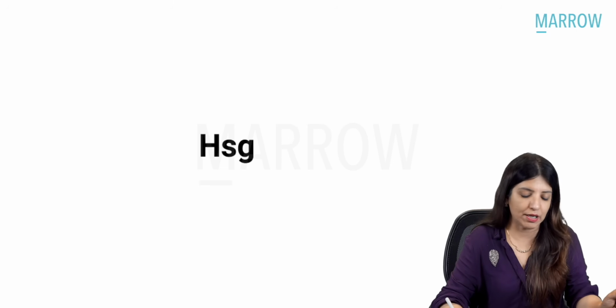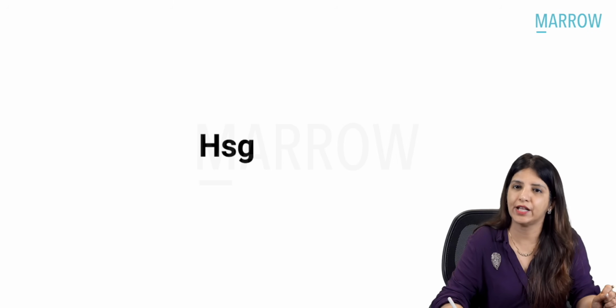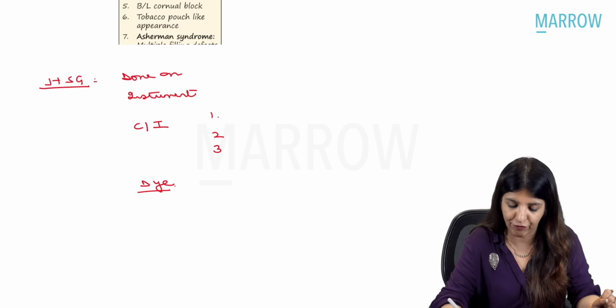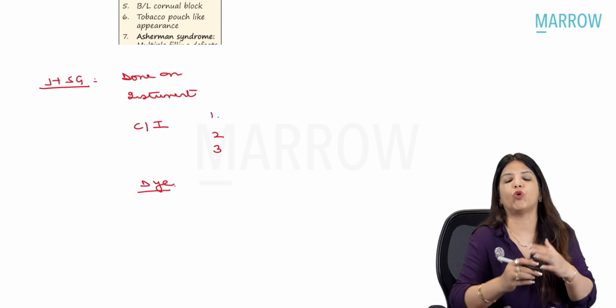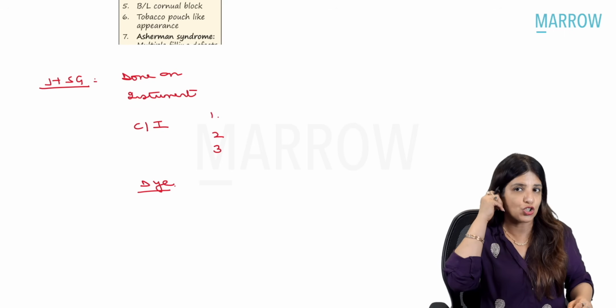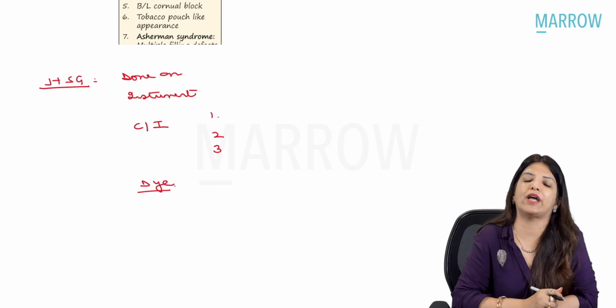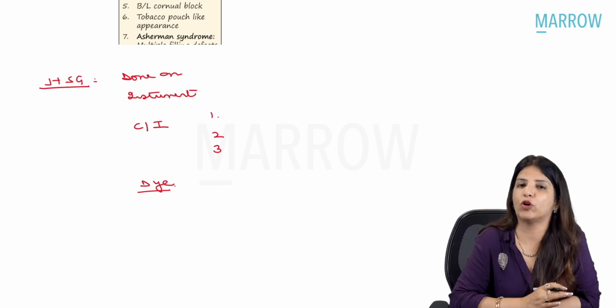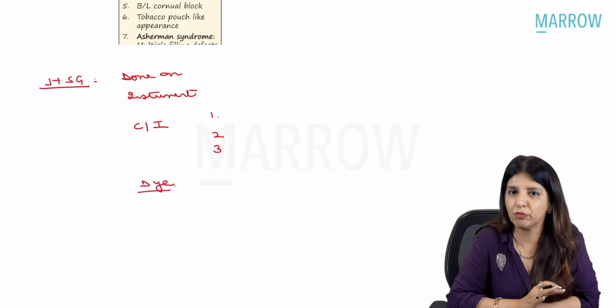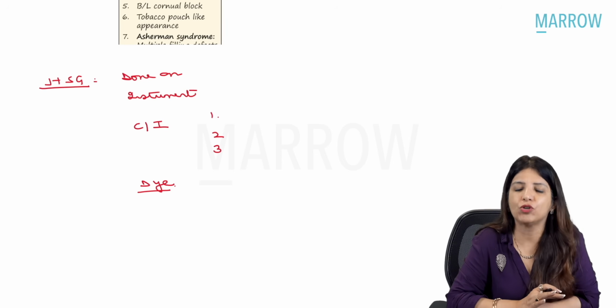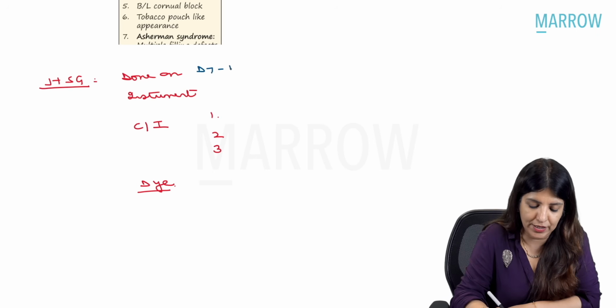Coming to important images which you have to know on HSG, that is hysterosalpingography. Before I go to what all things can be identified or diagnosed by HSG, some important points which I want you to revise with me on HSG. HSG, when do you do it? HSG is done between day 7 to day 10 of the cycle.